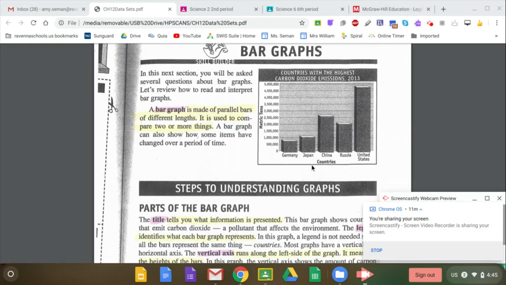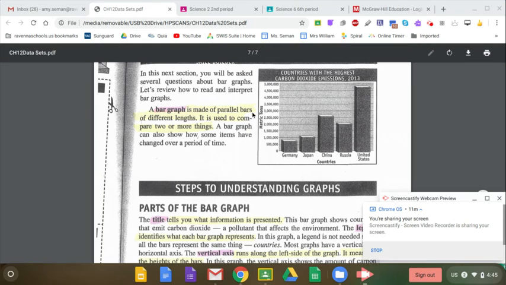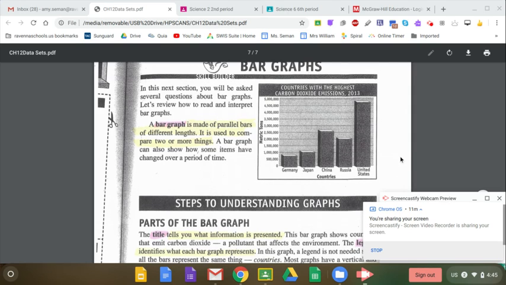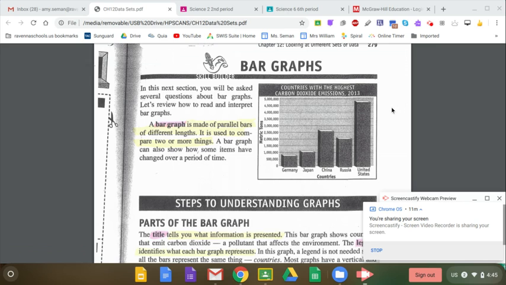And then it gives you a bar graph there of metric tons of carbon dioxide emissions. And then it also gives you the countries down below: Germany, Japan, China, Russia, and the United States. Your title is, and that's what we should have read first, Countries with the Highest Carbon Dioxide Emissions 2013.